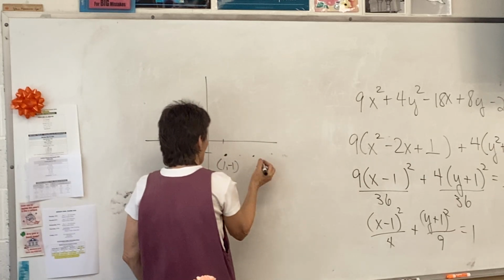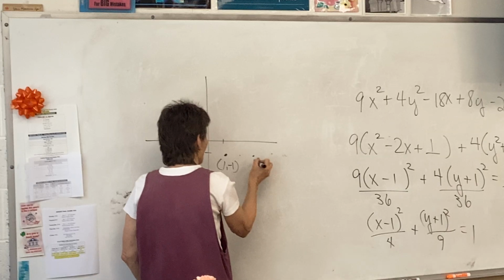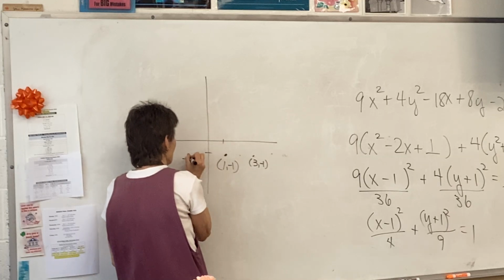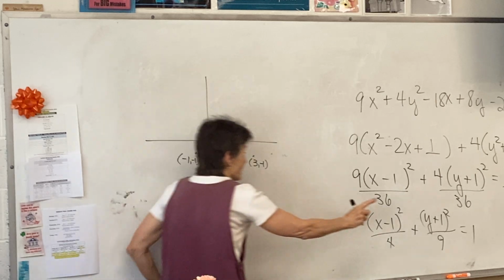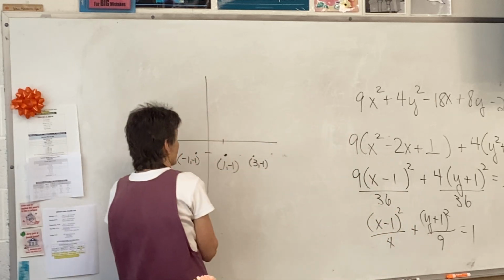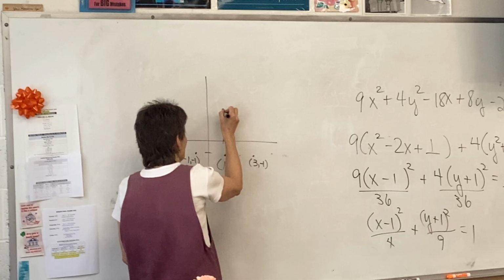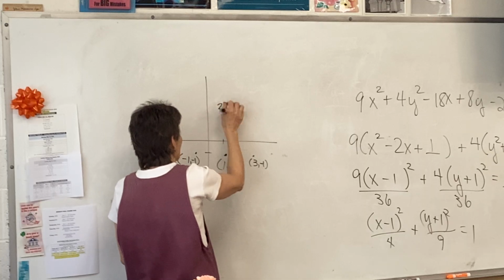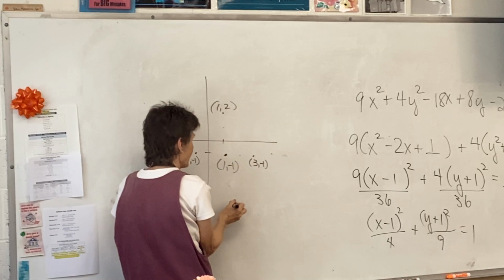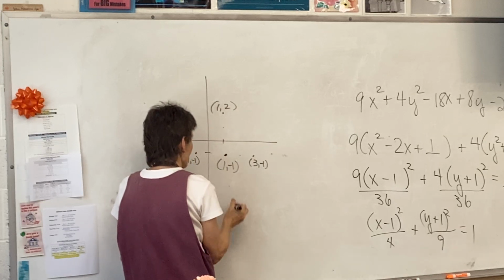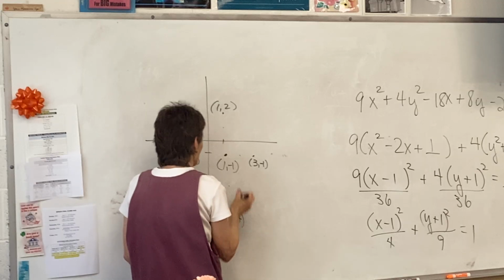Sideways 2 will put me at 3, negative 1, and negative 1, negative 1. And then count up and down 9, which puts me at 1, 2. Or up and down 3. Did I say 9? 3. Up and down 3. 1, negative 4.